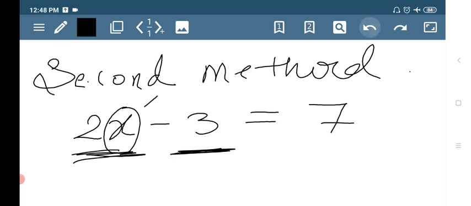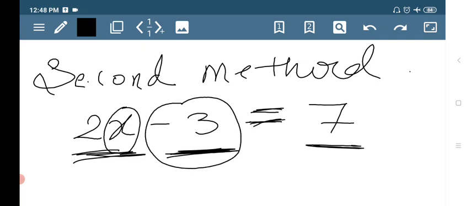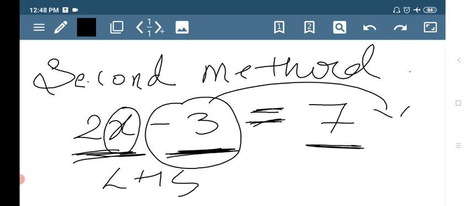Okay. So 7 and minus 3 both are like terms. In between we have an equals to. If I send the minus 3 from LHS to RHS, what happens?